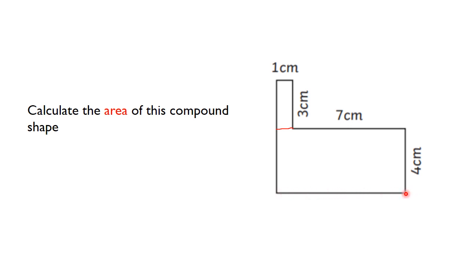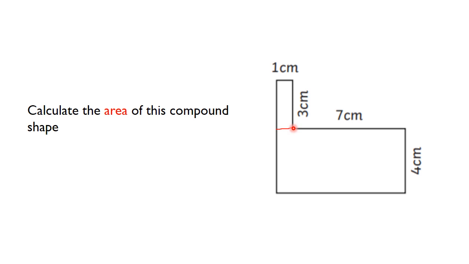So what could we do to work out the measurement of this in order to work out the area of this rectangle? Have a look at what you've already got in front of you, the measurements you already have. Okay, hopefully you've been able to see that the length of this side is the same as this.